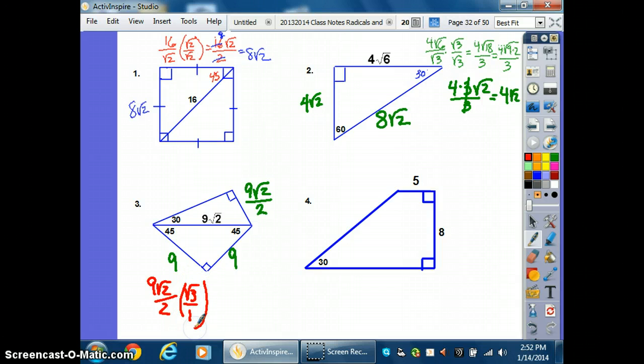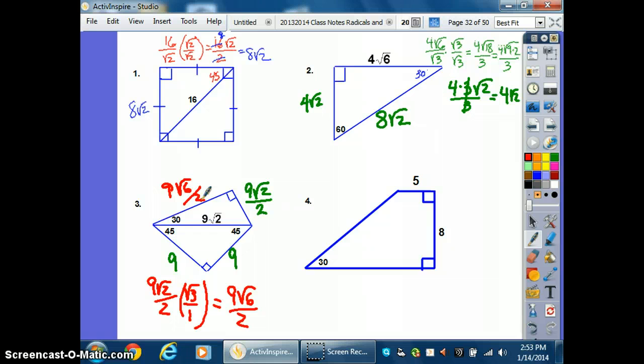I'll put it over 1. Okay, so multiply out. 9 times 1 is 9. Inners is radical 6. And it's 2 times 1 over 2. Okay, so the answer here is 9 radical 6 over 2.